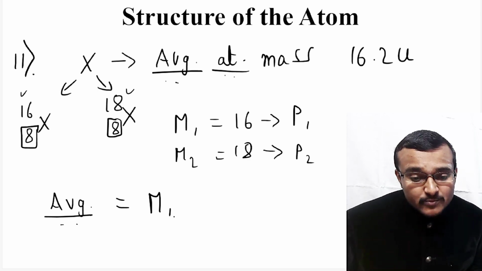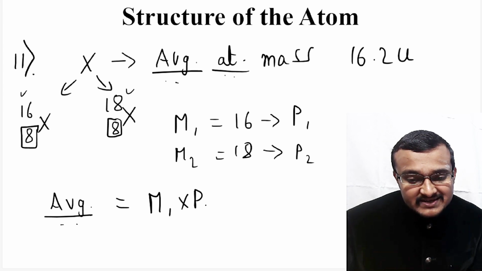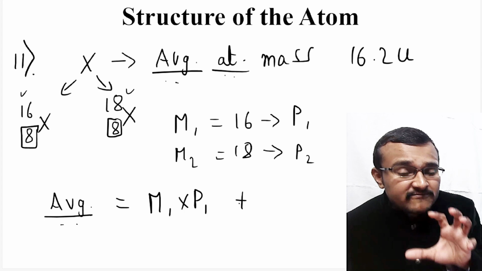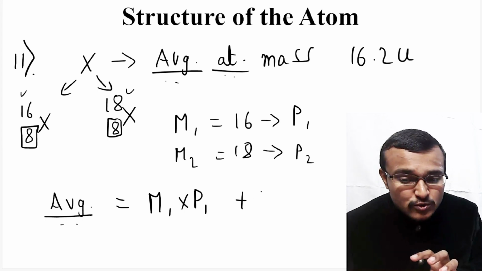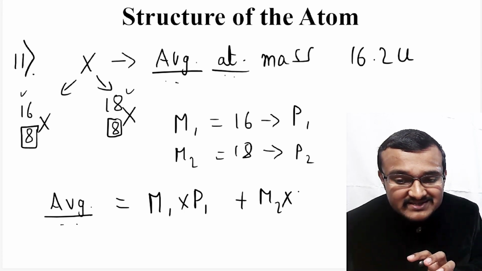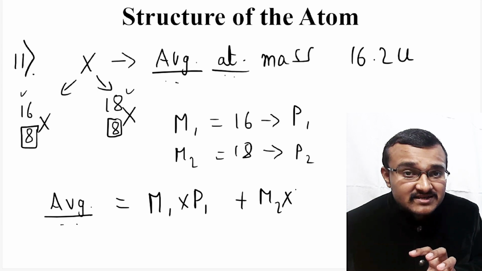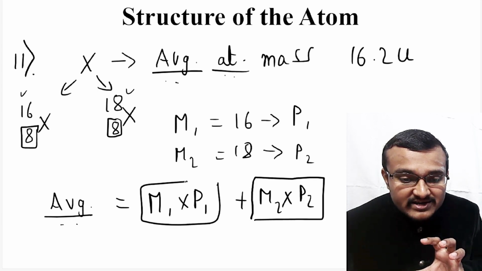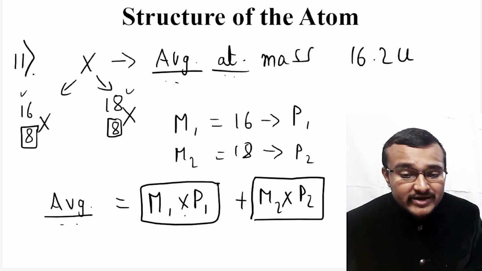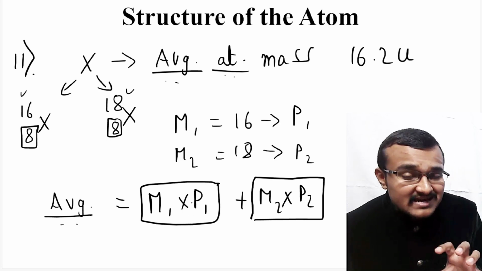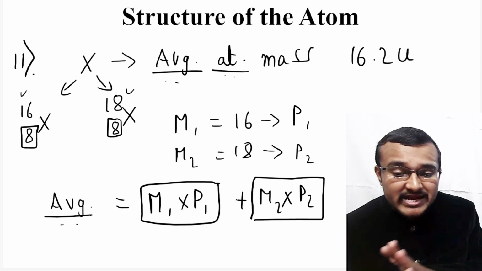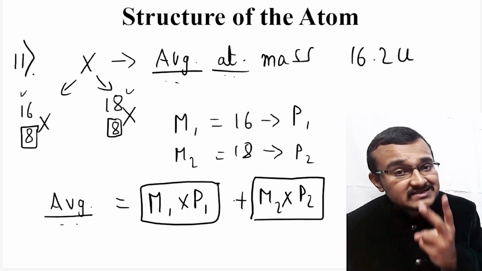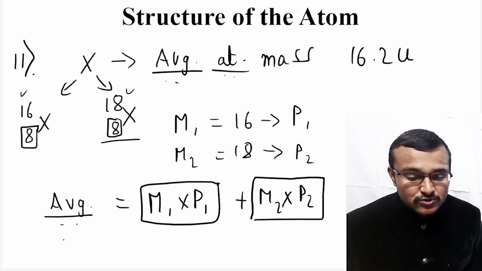So the mass of the first isotope M1 is multiplied with its percentage abundance P1, plus the atomic mass of the second isotope M2 multiplied with its percentage abundance P2. So the formula is M1 into P1 plus M2 into P2, where M1 and P1 are the atomic mass and percentage abundance of the first isotope, and M2 and P2 are those of the second isotope, that is the X18 isotope.